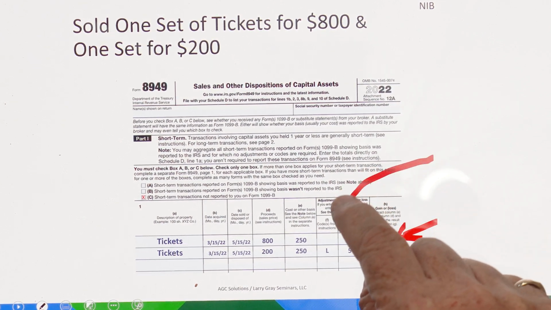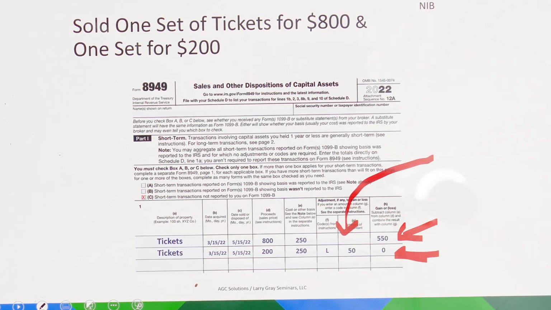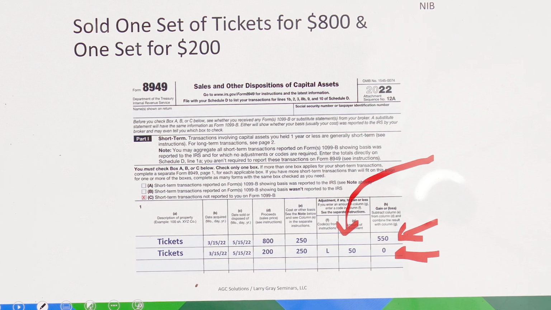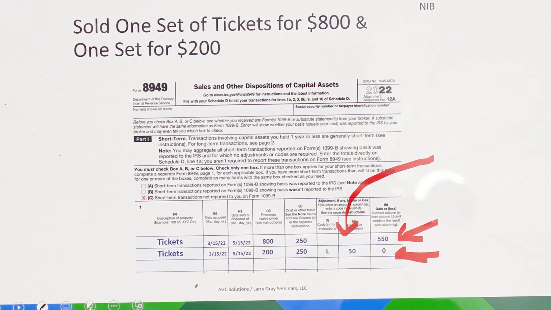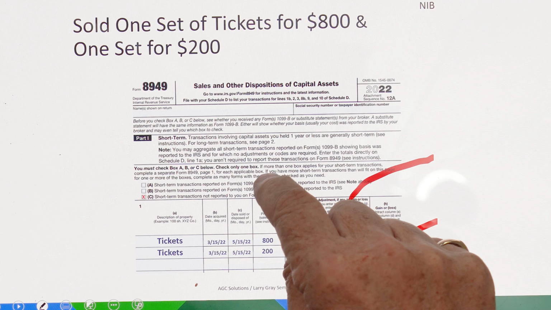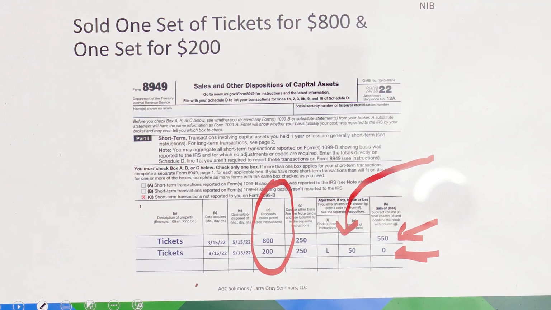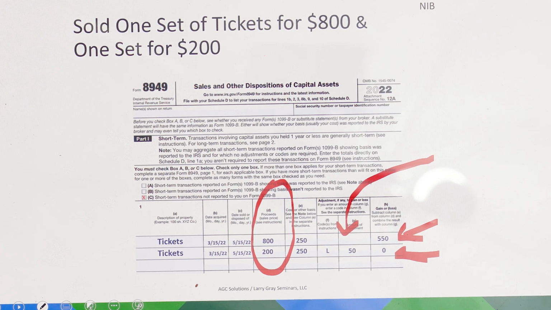So here's the loss, gets suspended, so to speak, right here. So you can show the client, here's what we had for income. We had a profit on the first set of tickets. We had a loss on the next one. And in this way, when you get done, see this area here of gross proceeds? The gross proceeds should tie back to your 1099-K.